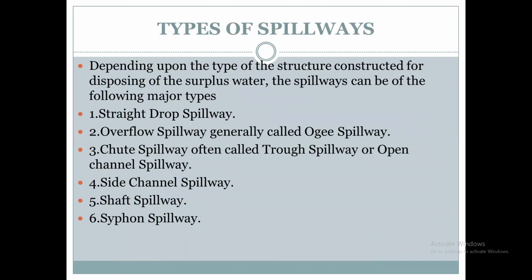The types of spillway we have seen, there are 6 types: straight drop spillway, overflow spillway or OG spillway, chute spillway or trough spillway or open channel spillway. The fourth one is the side channel spillway, then the shaft spillway and the siphon spillway.